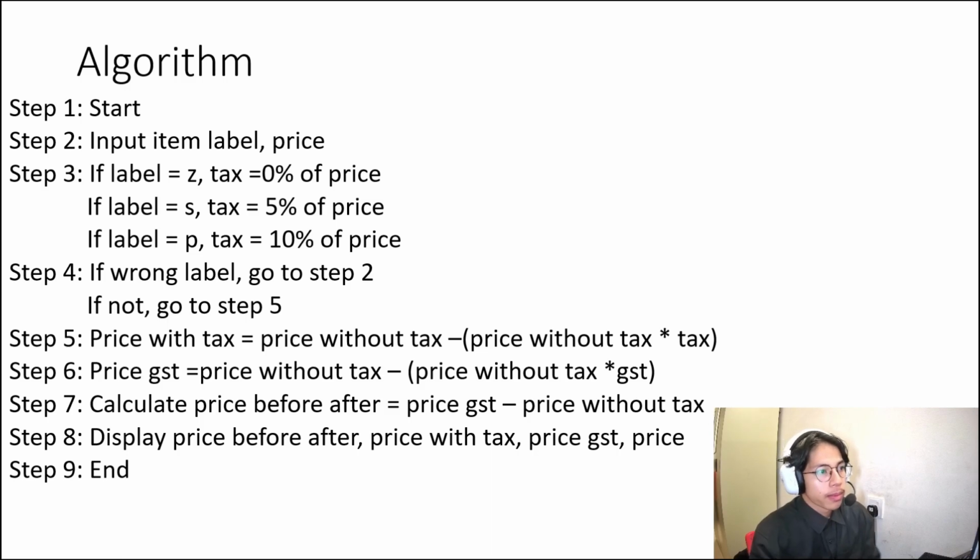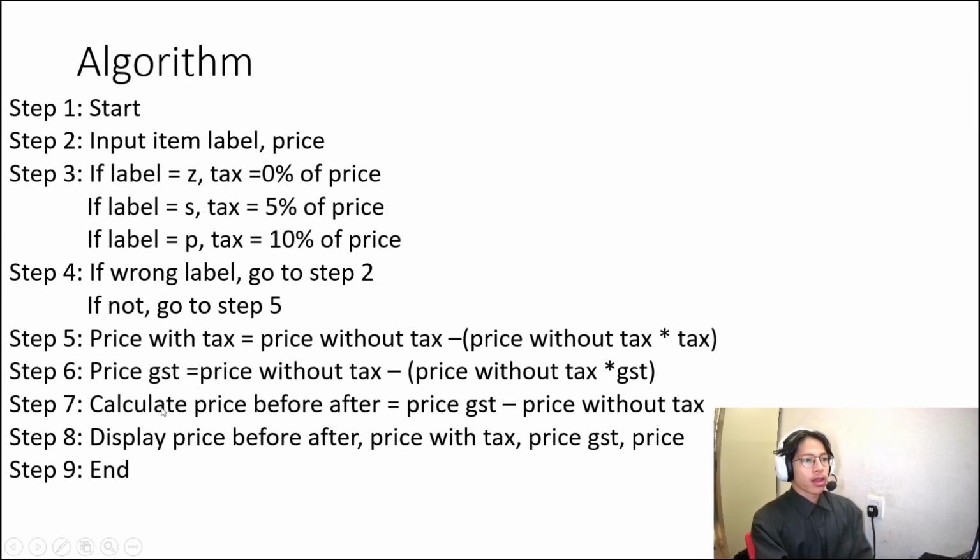Step 5, price with tax equal price without tax minus bracket price without tax multiply tax. And step 6, price GST equal price without tax minus bracket price without tax multiply GST.